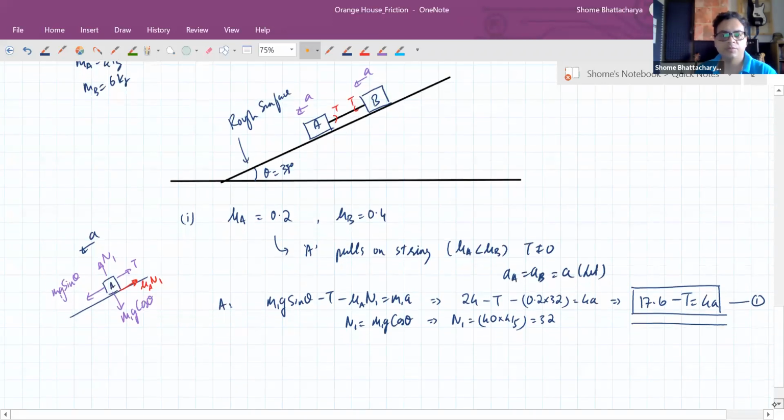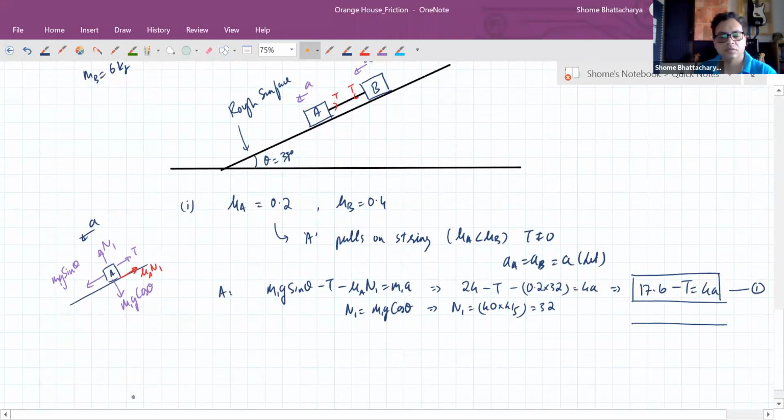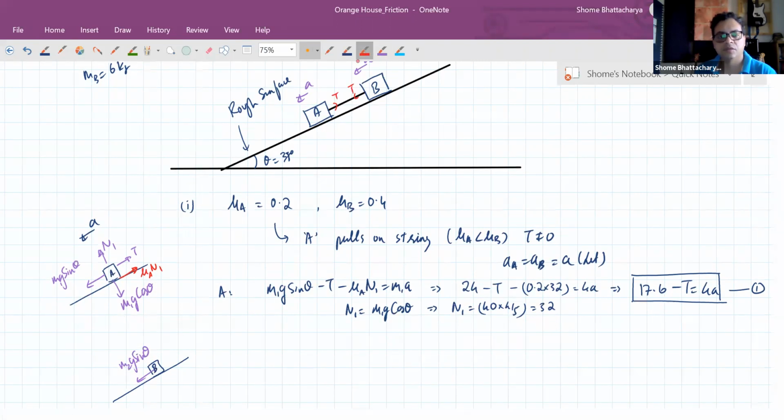Now similarly for block B, the free body diagram will be like this: mg sine theta, tension, mg cos theta, normal reaction, and friction, like this.